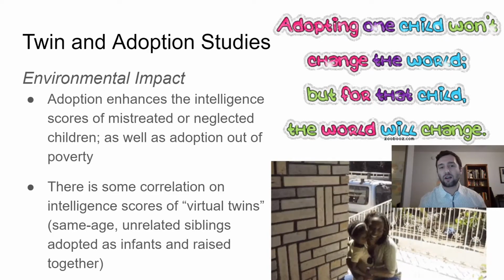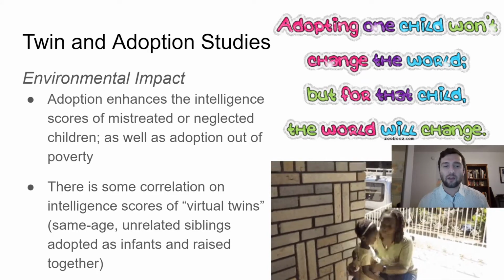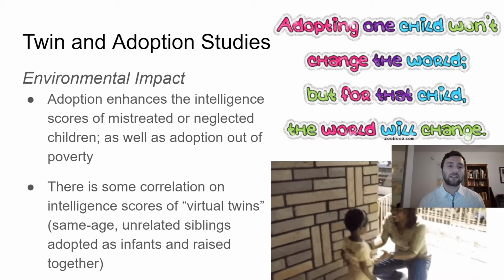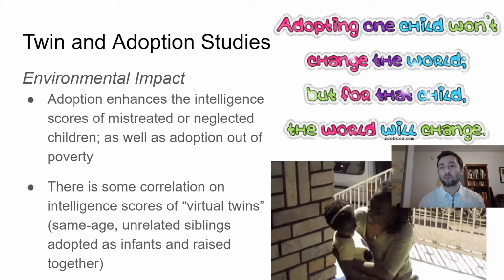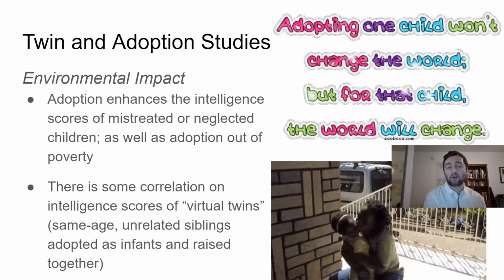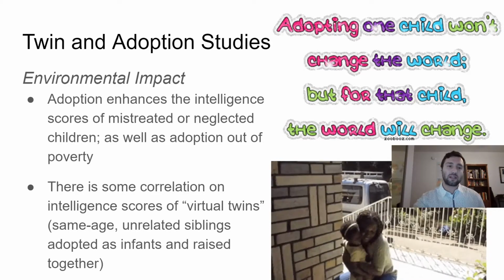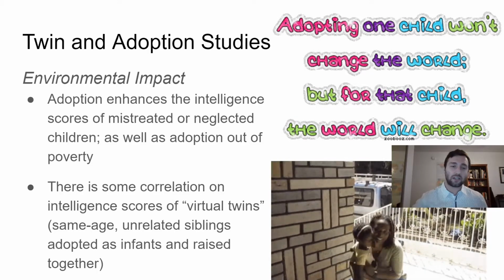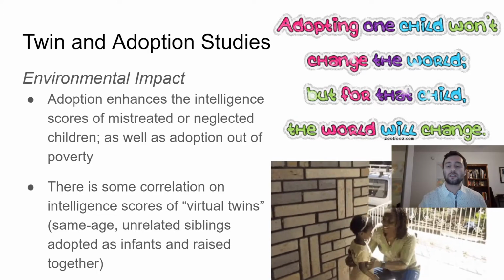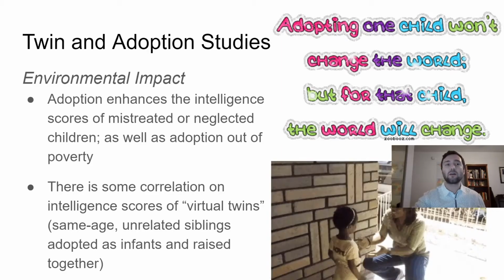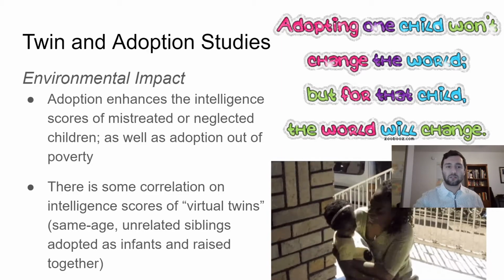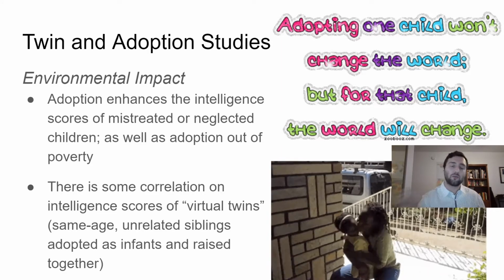So if we have a child who is growing up in a bad home, who is mistreated, who's neglected, or even if they grow up in poverty, in a household that's living in poverty, if they are adopted out of that circumstance, their IQ scores will actually increase. So again, this is telling us that there is at least some level of environmental impact, because if there wasn't, it wouldn't make a difference.